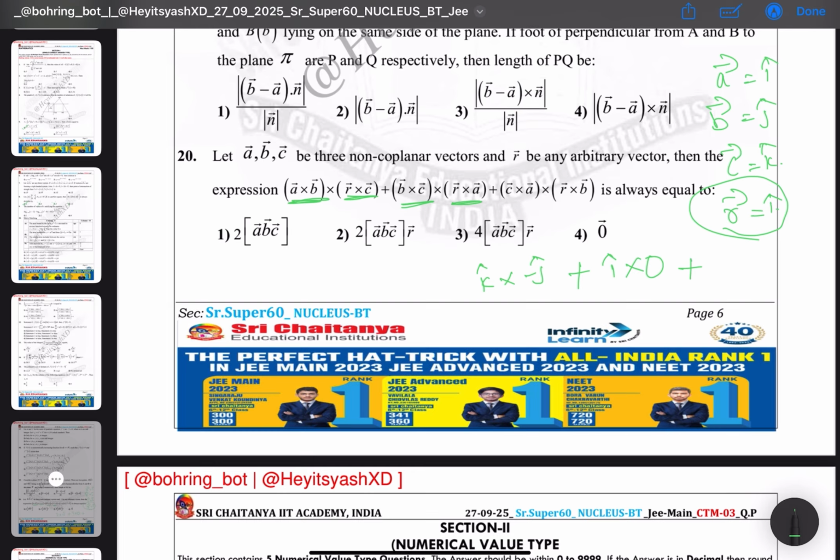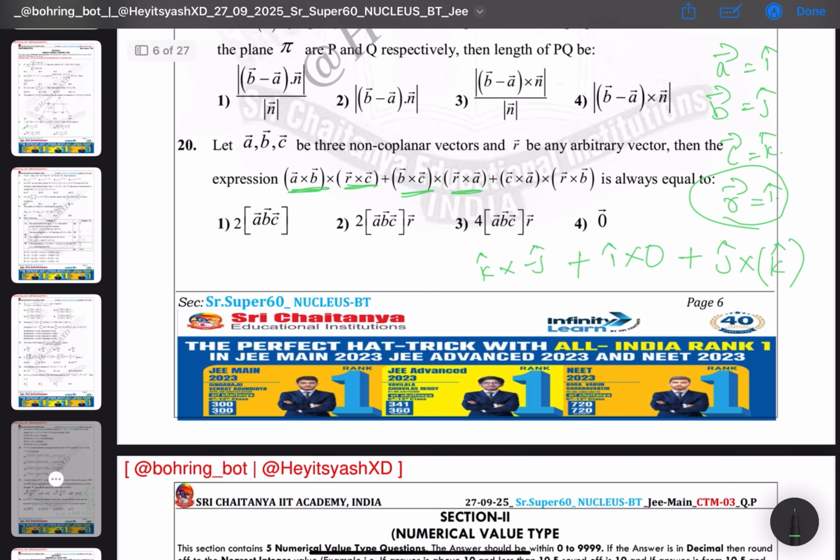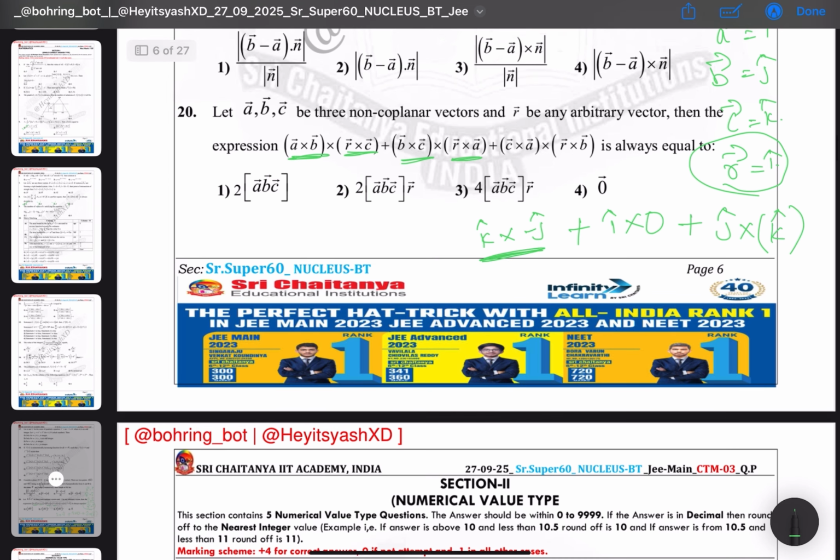So k cross i, that is j cap multiplied by r cross b. So that is i cross j, that is simply k cap. So this is k bar cross j bar. So that is simply negative of j bar cross k bar. Correct? So negative of j bar cross k bar, and here you already have one minus. So this is simply j bar cross k bar.